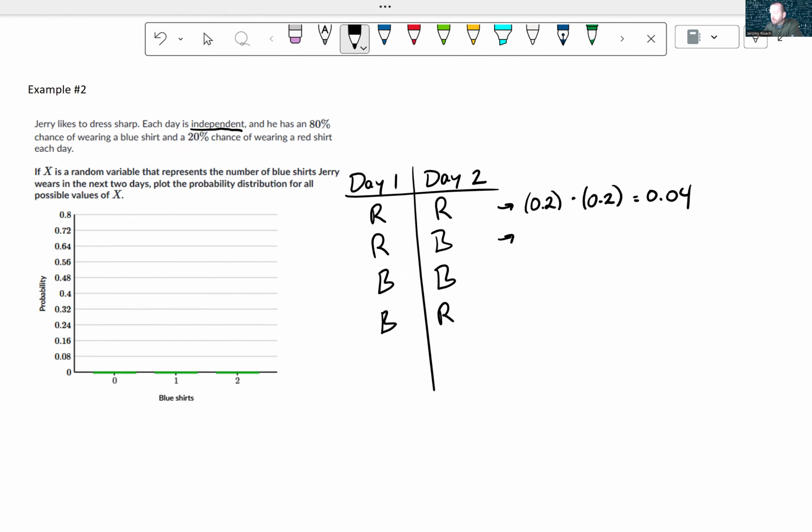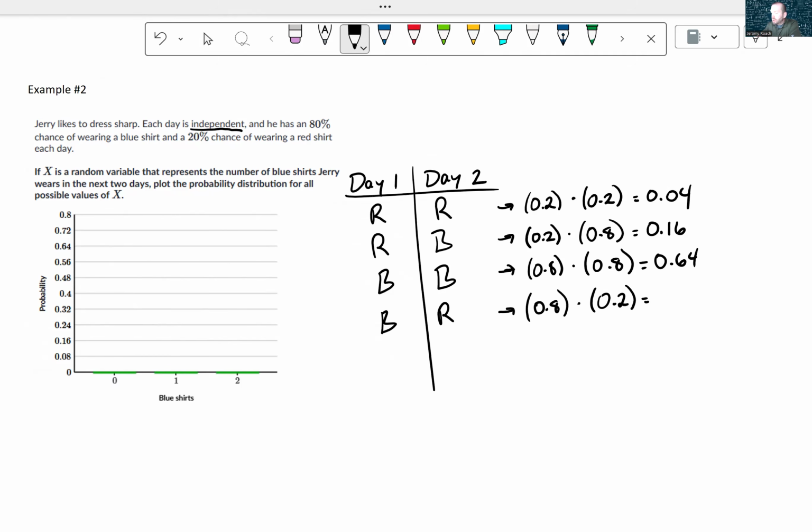For red and blue, we have a 0.2 chance or 20% chance that he's going to wear a red shirt, and 80% chance he's going to wear a blue shirt, or 0.16. And these should all add to 1 for what we're getting for our final answers for these. 0.64, and a blue and a red shirt is 0.8 and 0.2, which is also 16%.